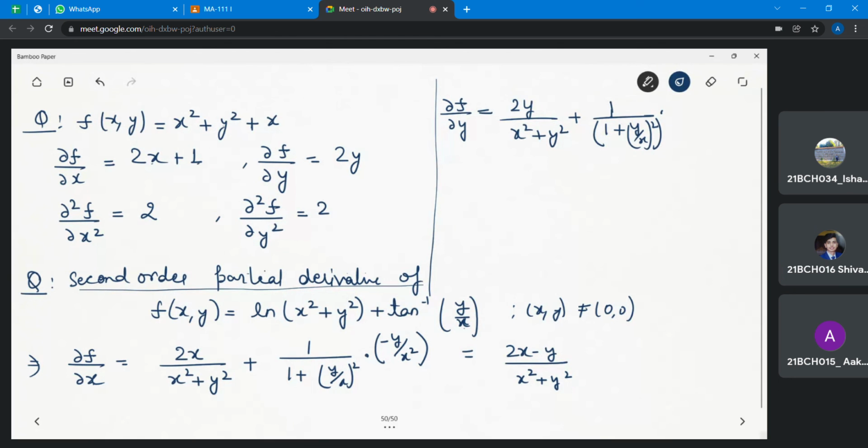The derivative of y by x with respect to y. So this will be 1 by x. Right? You can simplify it. This will be nothing but 2y plus x upon x square plus y square.